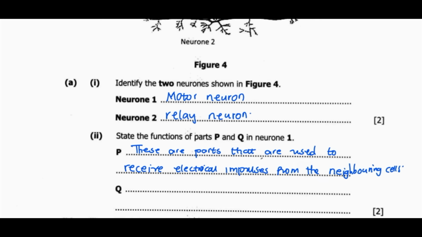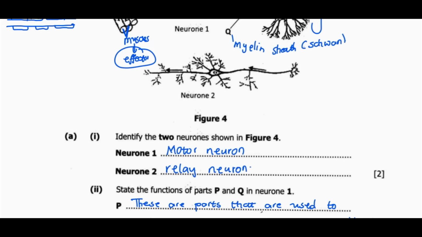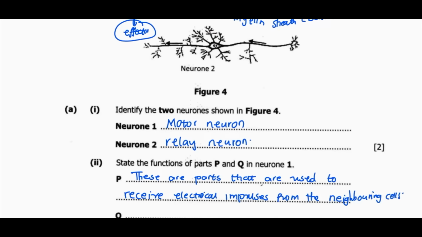Then let's look at Q. What is Q? Q, we said myelin sheath.